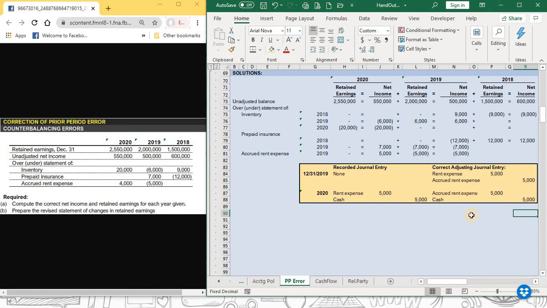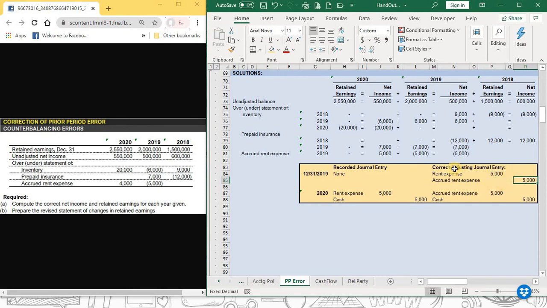The adjusting journal entry that should have been recorded by the entity is a debit to rent expense for 5,000 pesos and a credit to accrued rent expense for 5,000 pesos. However, the entity did not record any adjusting entry. That is why the rent expense in 2019 is understated by 5,000 pesos.